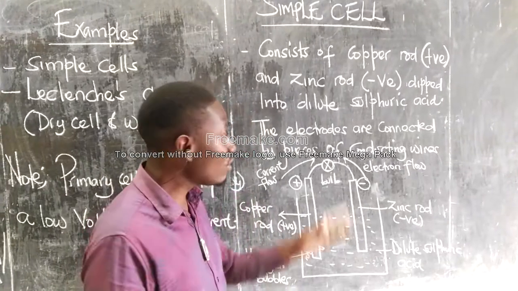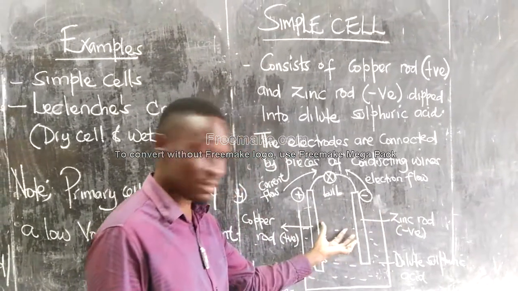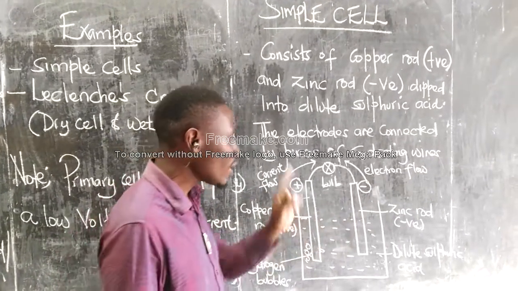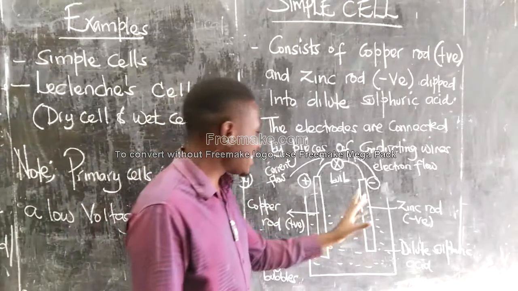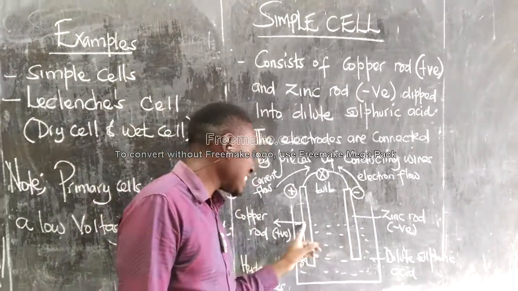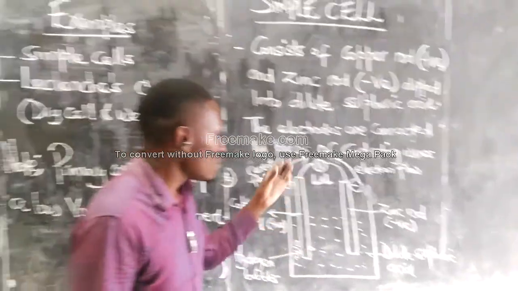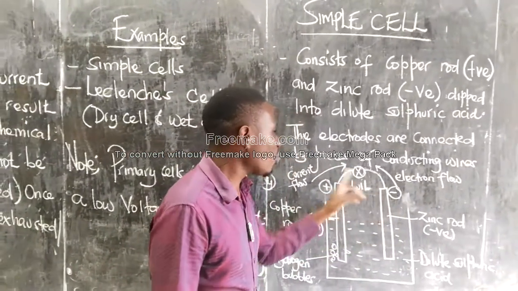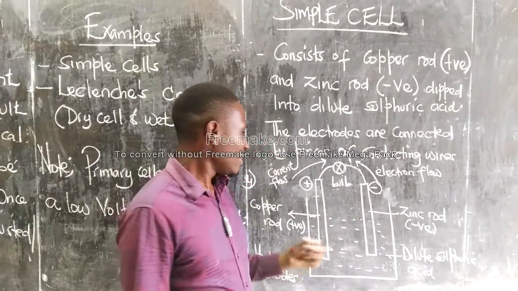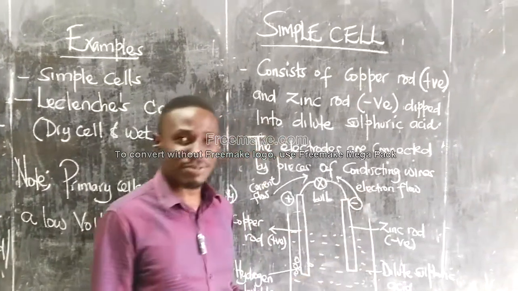Now children, one of the disadvantages of using this simple cell is this. One, remember I told you that zinc reacts more with this than copper. So once you connect them together, there are reactions that take place between zinc and our dilute sulfuric acid.